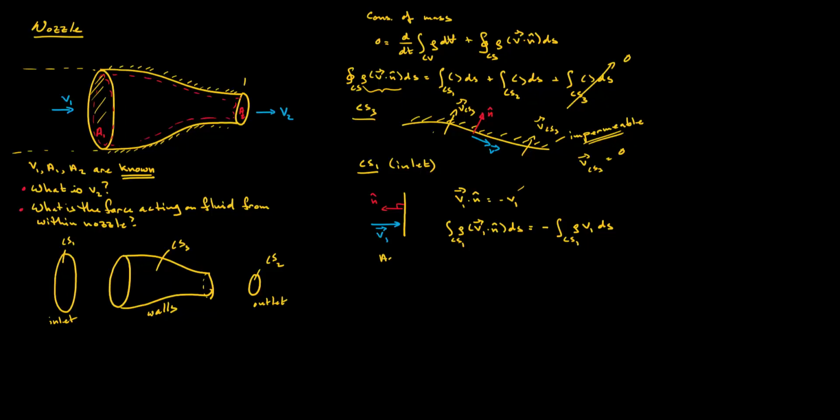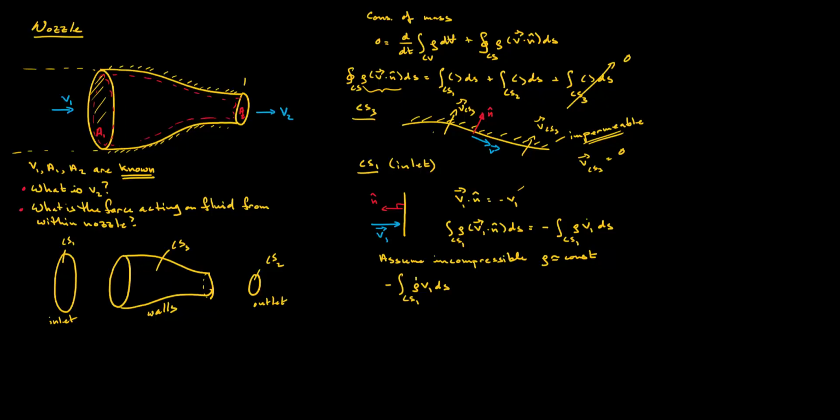If we assume that the flow is incompressible, so the density is roughly constant, or more importantly, the density does not vary over that control surface. Okay? And this is a common assumption that we will make. Then let's write it out again here. We have the negative of the integral over control surface 1 of rho V1 dS.